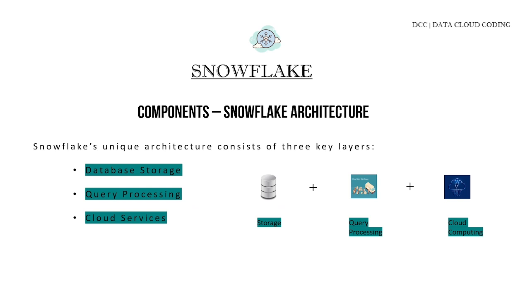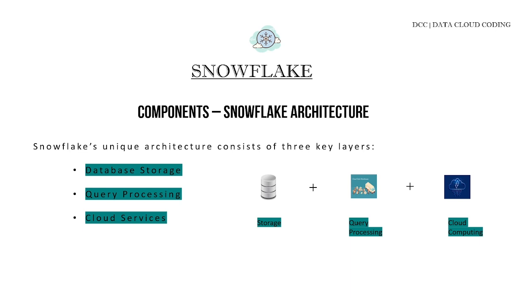Now let's jump into the Snowflake architecture and see what the components are. Snowflake's unique architecture consists of three key layers. We have the database storage. Another layer, we have the query processing. And for the third layer, we have the cloud services.